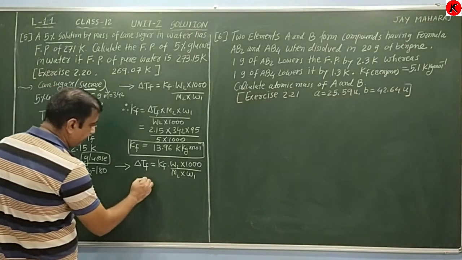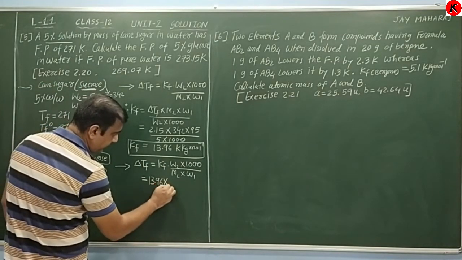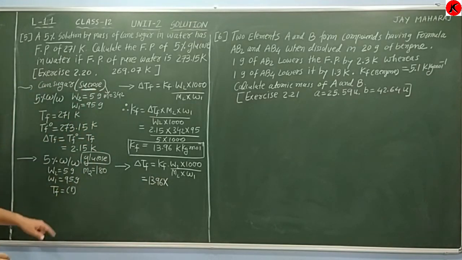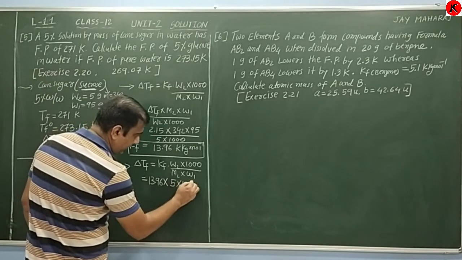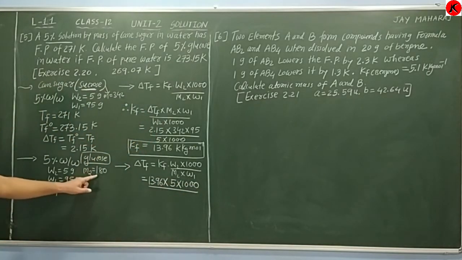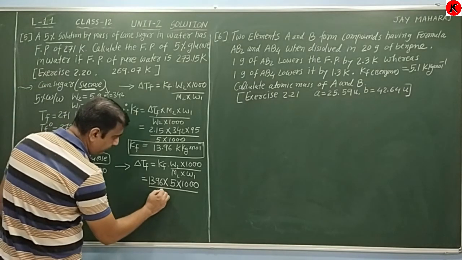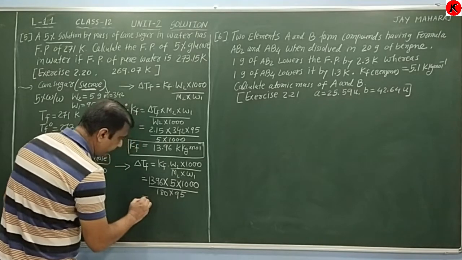Now the value of KF we have calculated, 13.96. W2 is 5 gram, into 1000, divided by M2. M2 for glucose is 180 and W1 is 95.